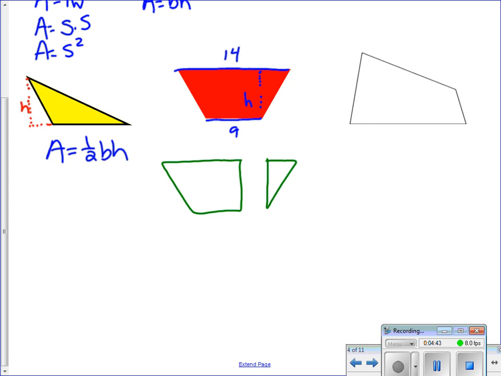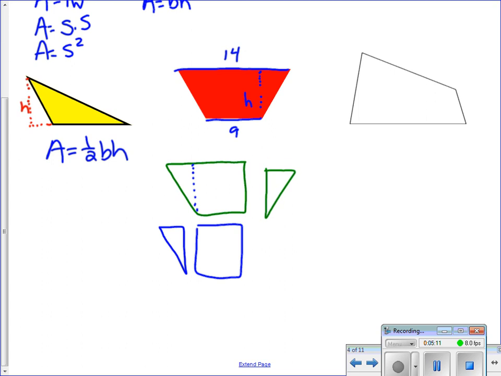So, a lot of you used base times height for this. We cannot do base times height. That's not a parallelogram. What you needed to do was cut that again. So the trapezoid had to be broken into that triangle, that square, and that triangle.